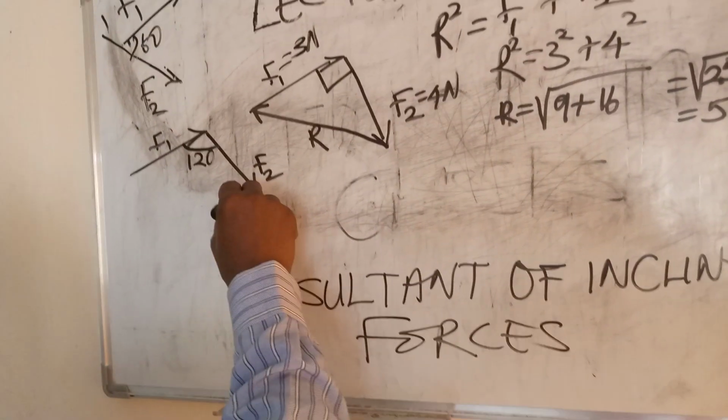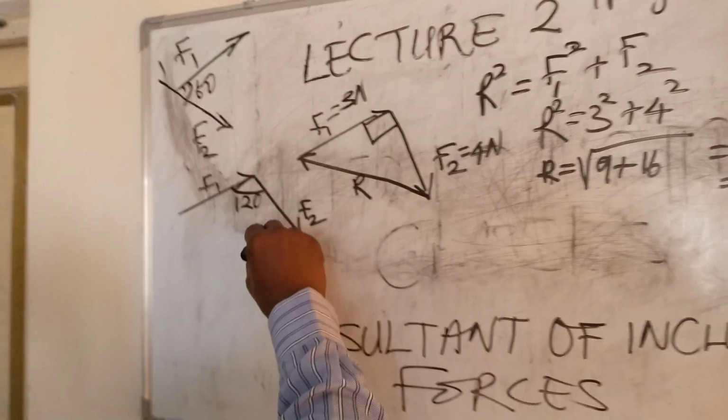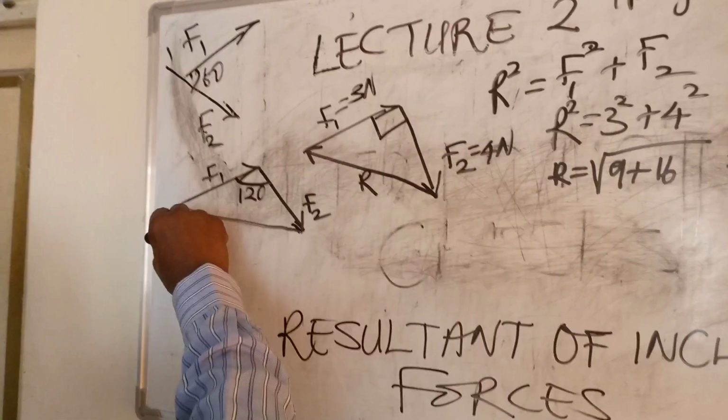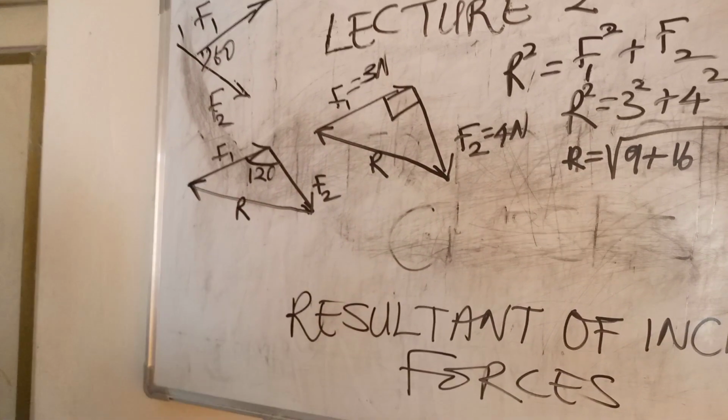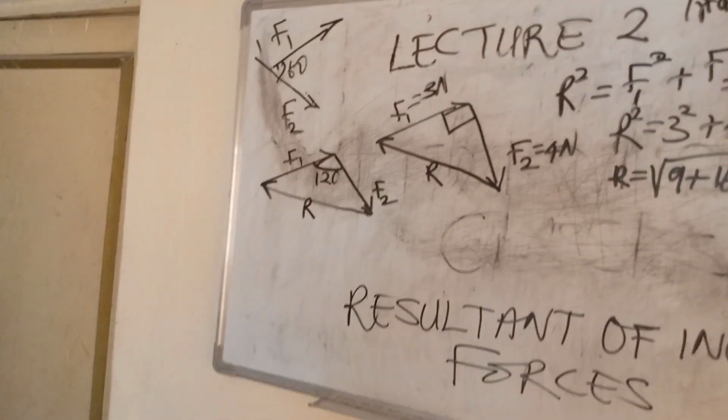Then from F2 we close up to F1 with R. R is the resultant.